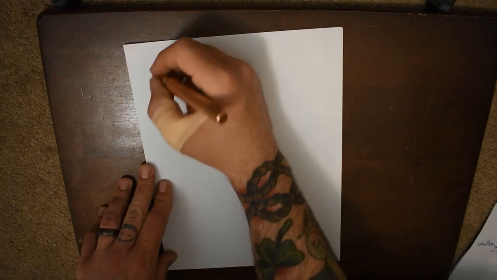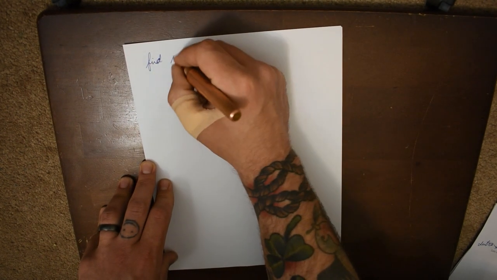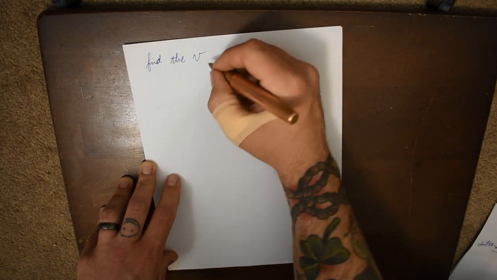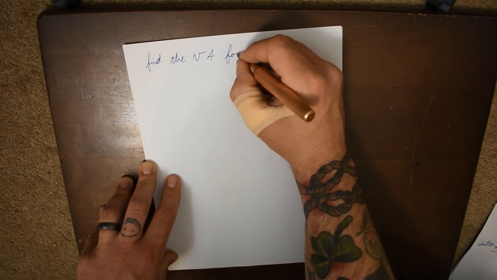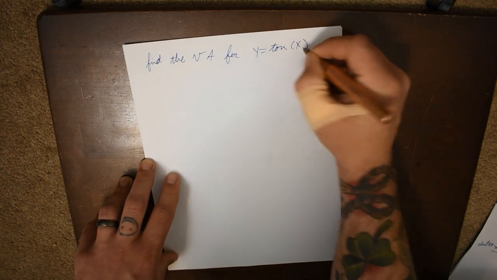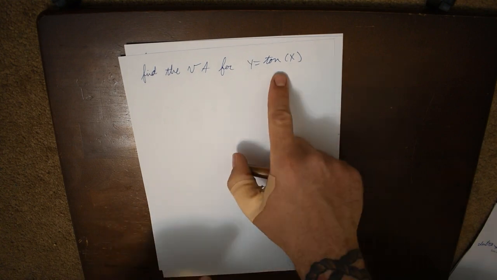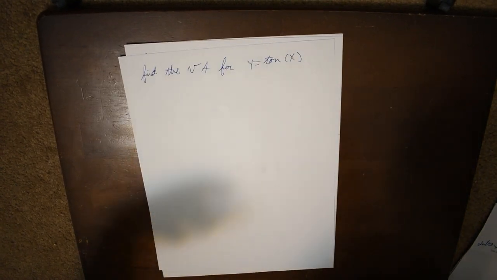So if we wanted to find the vertical asymptotes for y equals the tan of x, where do all of the vertical asymptotes for y equals the tangent of x occur?